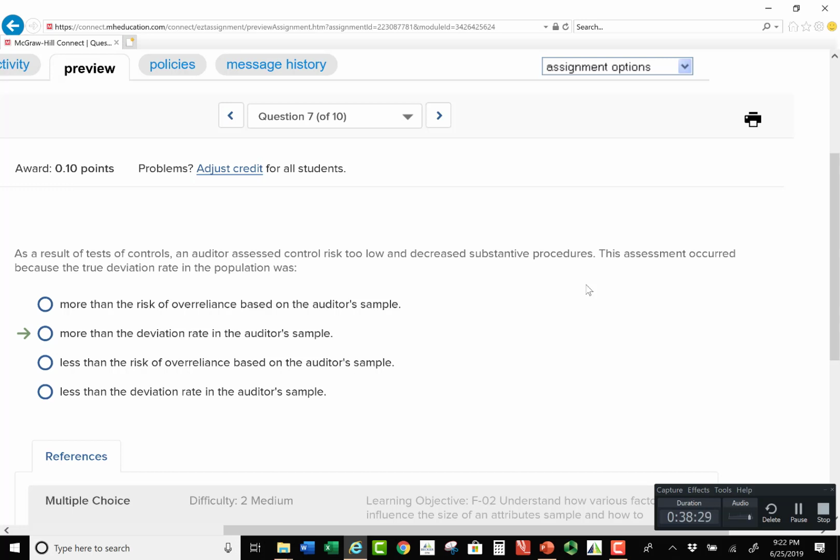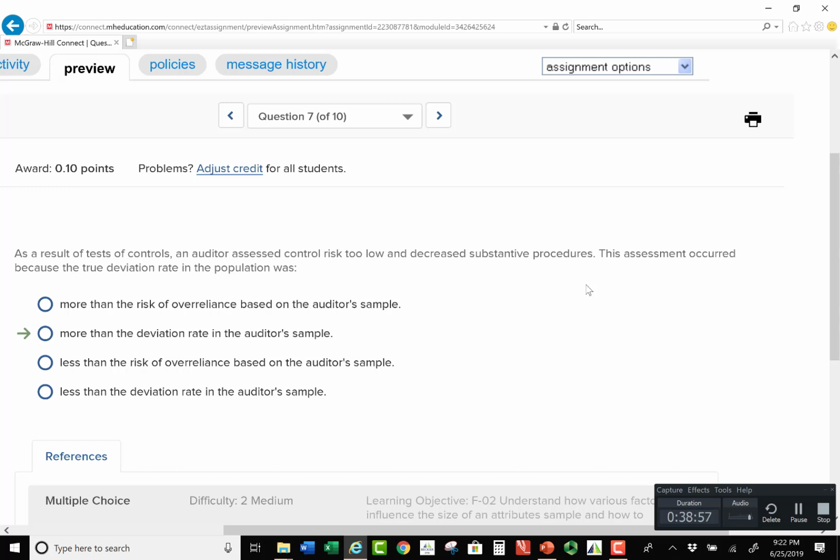The true rate was what? 1 out of 5 or 20%? You see why I didn't want you to reach back in and grab an apple? Okay? And so what happens? The true deviation rate in the population was more than the deviation rate in the sample, wasn't it?